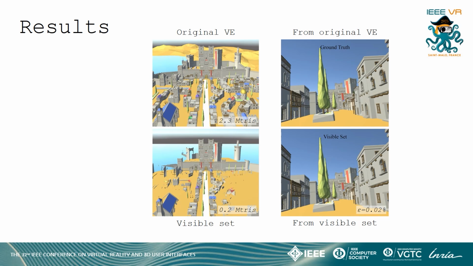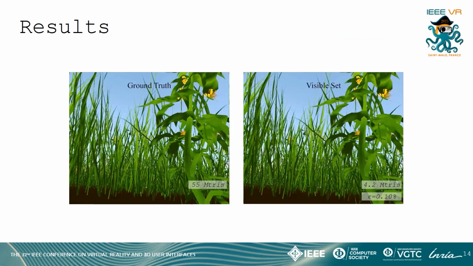So it's 0.02% pixels are incorrect, and the incorrect pixels are due to occasional triangles missing from the visible set. Here is a data set that has many more triangles, so the original virtual environment has 55 million triangles, and the visible set has only 4.2 million triangles, so again a 10-fold reduction with a small error, so the error here is 0.1%.